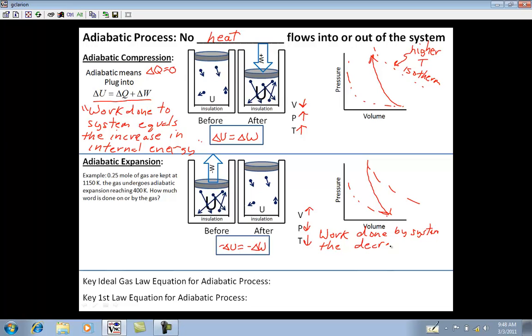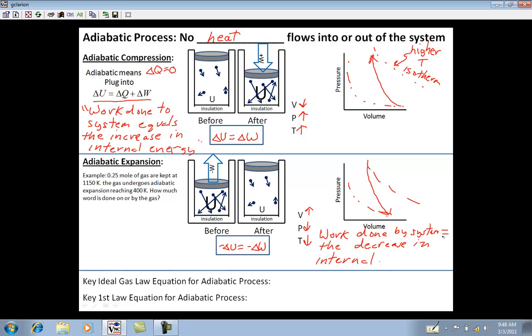Good, the decrease in internal energy. All right? So that obviously makes sense. The work done by system equals, I should put equals there, right? Equals the decrease in internal energy.